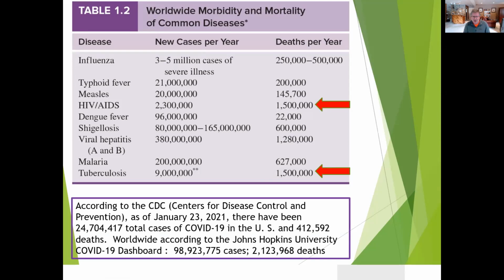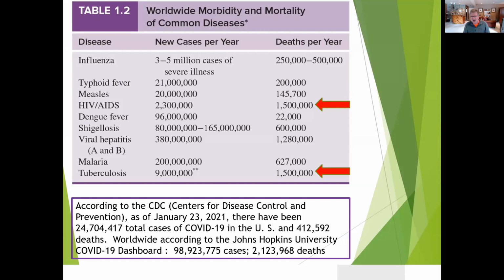This box I just put on here because I thought it was sort of interesting. As of January 23rd, 2021, here in the US, we've had over 400,000 deaths with close to 25 million cases of COVID. Worldwide, almost 100 million cases and over 2 million deaths.